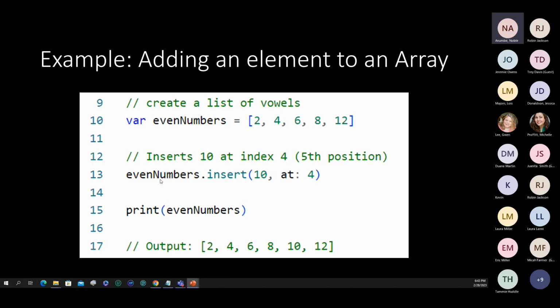All I need to do is type out my array, that's my array dot insert. Then 10 is the number I want to put there, at 4. In other words, I want to put it at location 4. If I count, that will be 0, 1, 2, 3, 4. So 10 will be between 8 and 12, and that's why we get this as an output. If I ask it to print this, it gives me back this. Any questions?